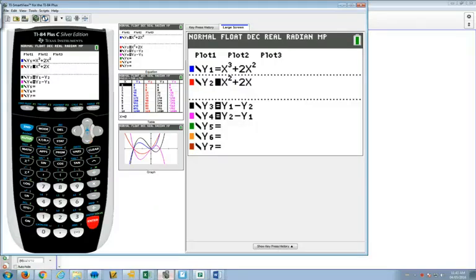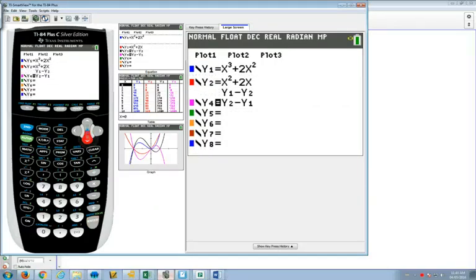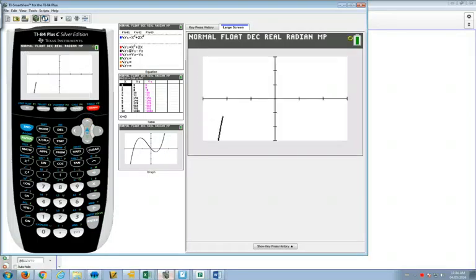So if I turn off all the graphs except for y3, which was y1 minus y2, and now I hit graph, it just shows what you get when you do y1 minus y2.